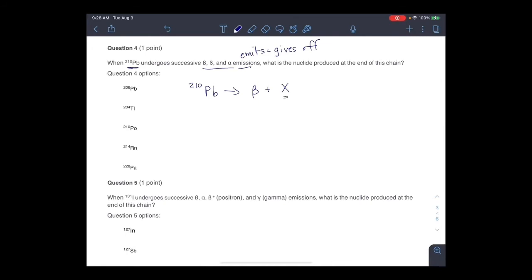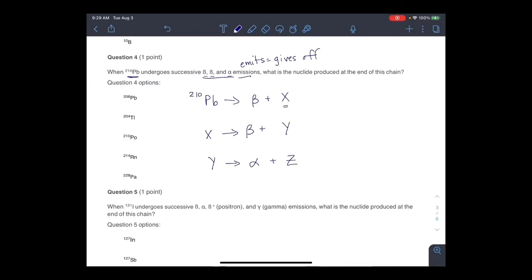Then this something gives off another beta particle to produce something new, and this something new gives off an alpha particle, beta, beta, alpha, to produce our final product. And it wants to know what's that final product. So I work out 3 nuclear reactions.